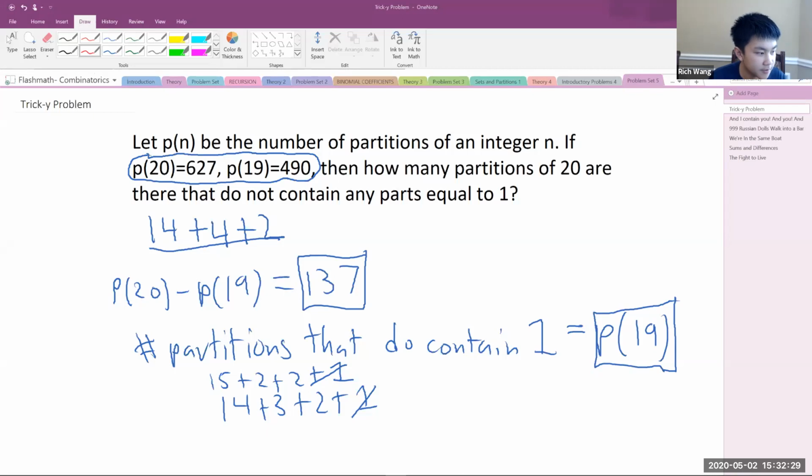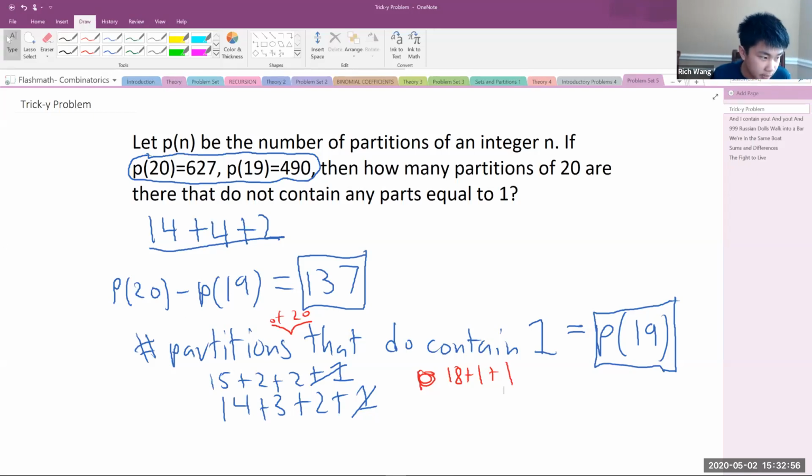Yeah, sure. Let's see. So let P of, okay, so for example, we want to count by doing complementary counting the number of partitions that do contain a 1 that sum to 20. Number of partitions, this should say of 20. So for example, let's say that we have a partition like 18 plus 1 plus 1.